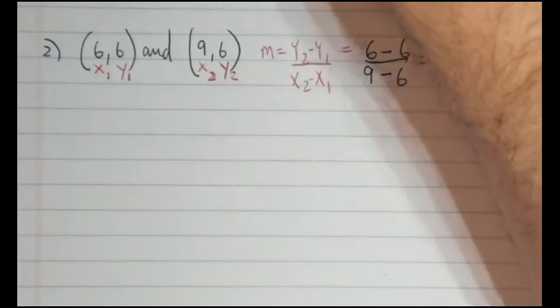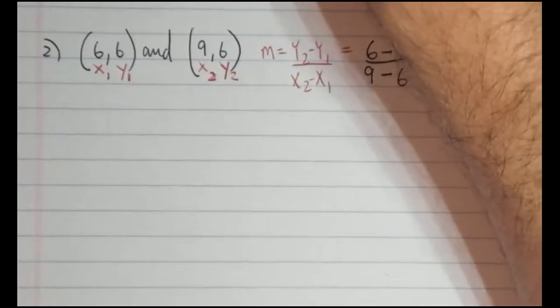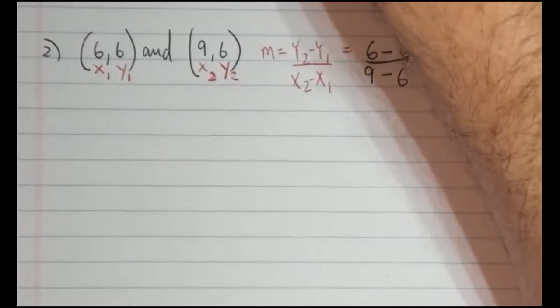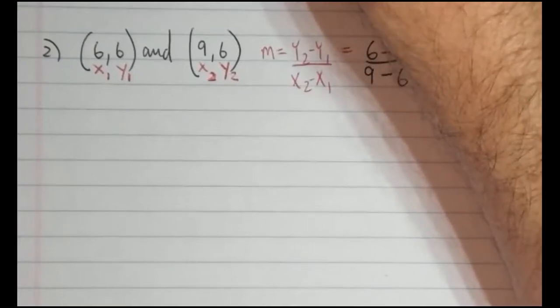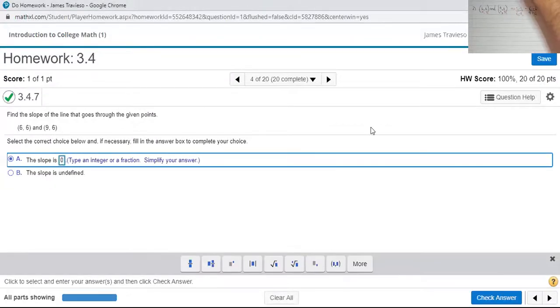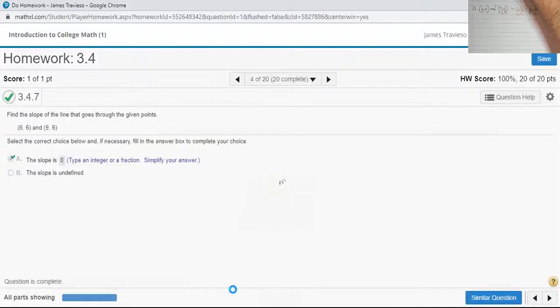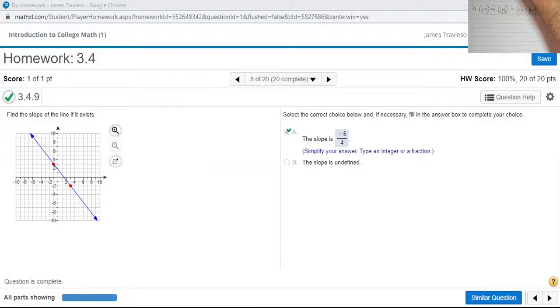Let's spend some time talking about that, but let's go ahead and put our answer in first. So slope is 0. Let's look at our PowerPoint.